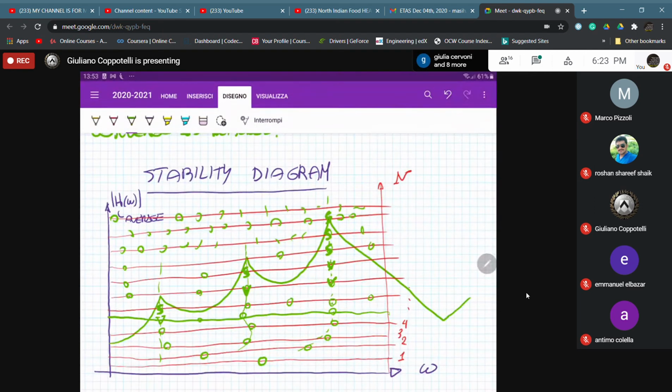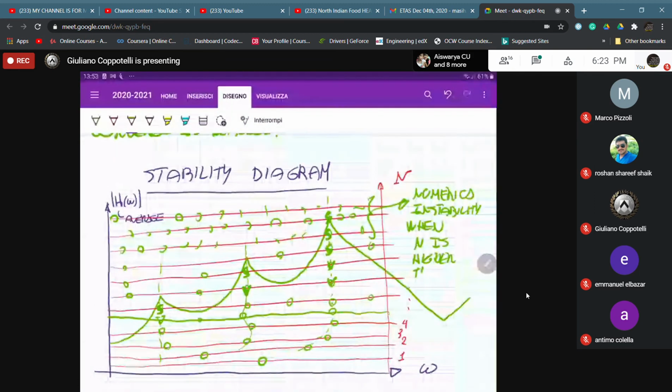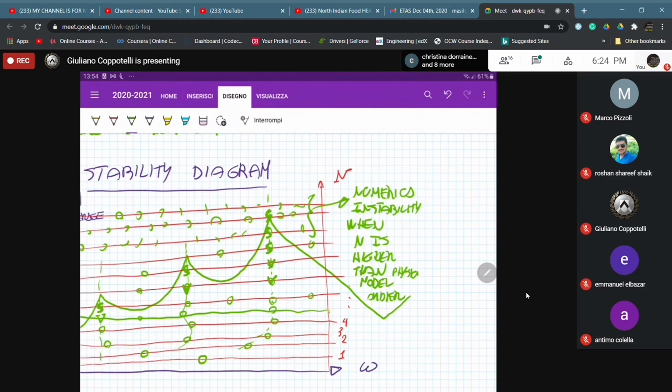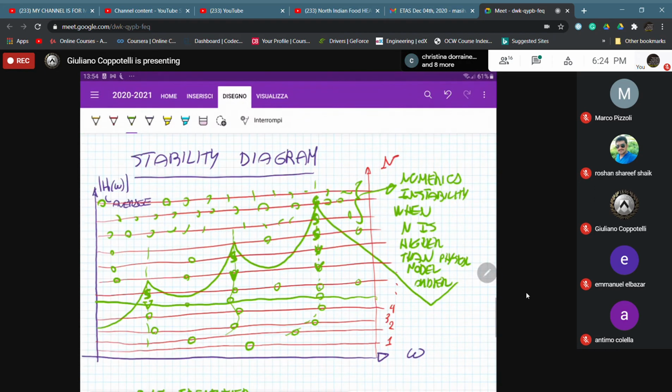So what we say is numerical instability when n is higher than the physical model order. Okay, that's what could happen.